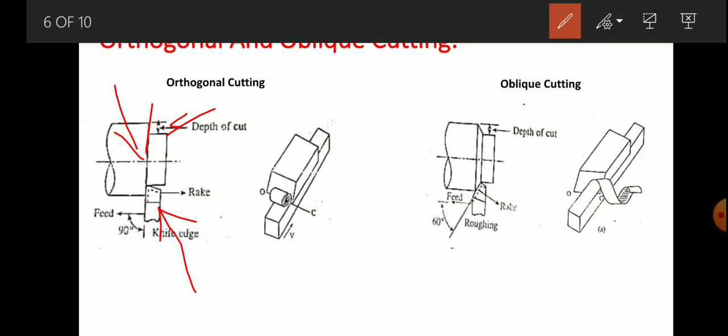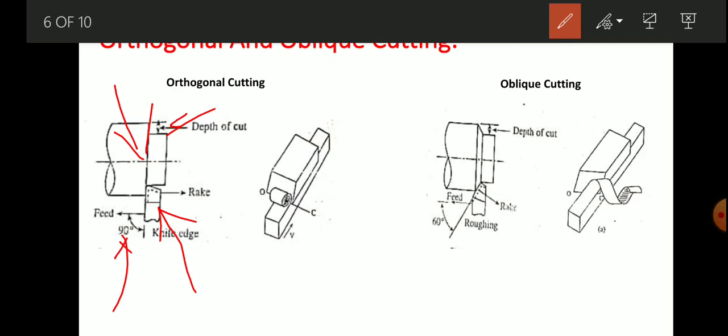The workpiece axis and tool axis are kept at 90 degrees to each other. This type of cutting takes place when the cutting edge of the tool is 90 degrees to the line of action, as shown in the figure. Here we can see the angle is 90 degrees.